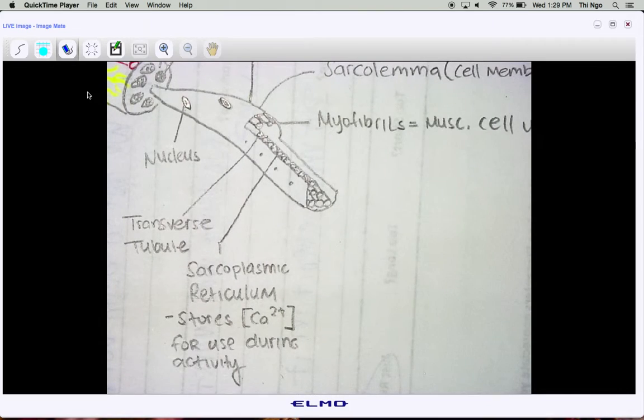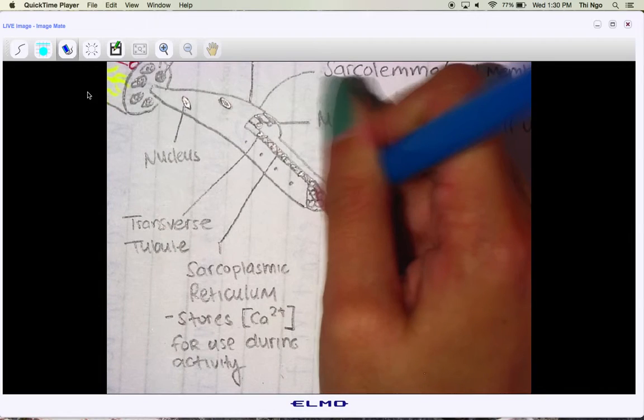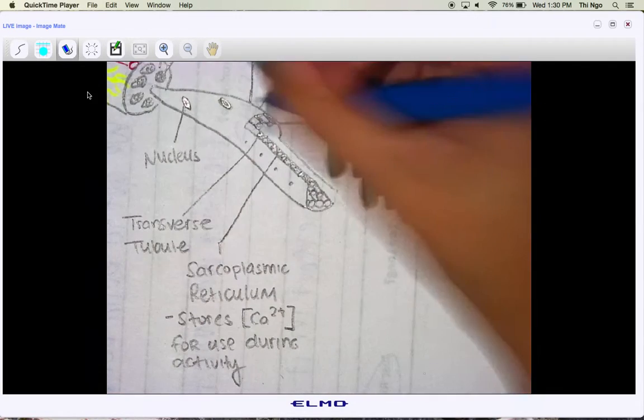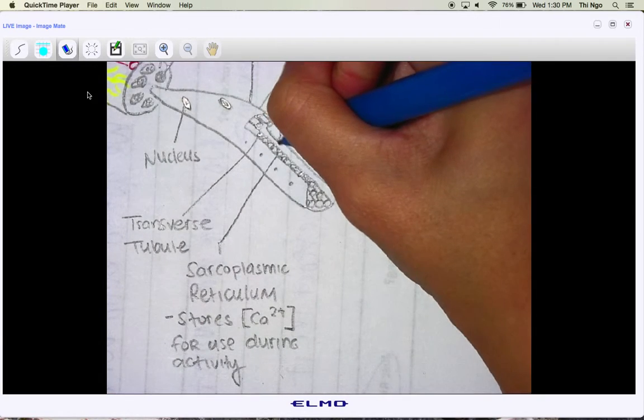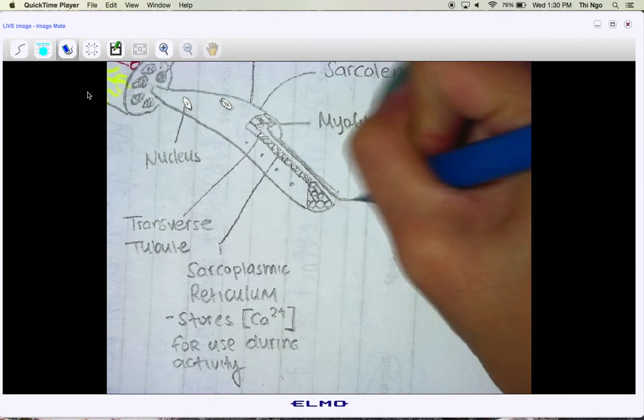Now what we're going to do is we're going to pull out the myofibril, last thing we're pulling out. So I'm going to make it look like there's one more myofibril here. I'm going to zoom in on this one.